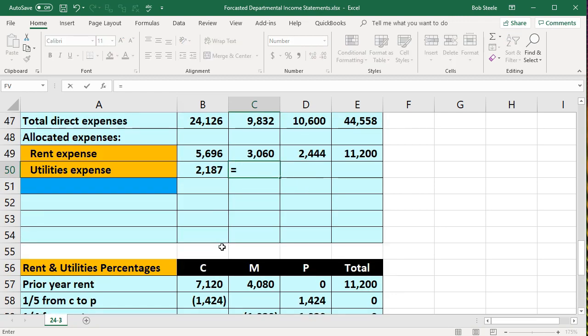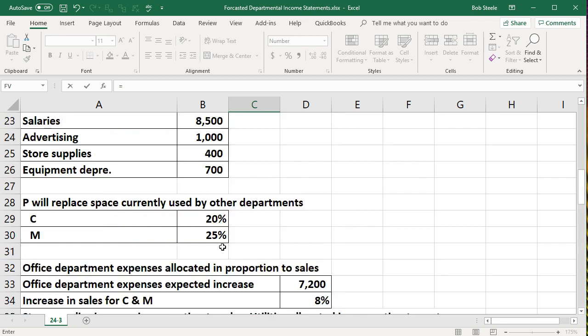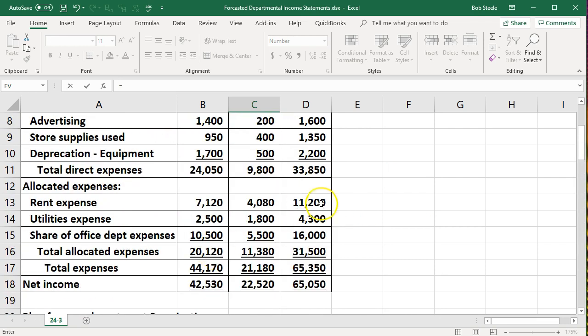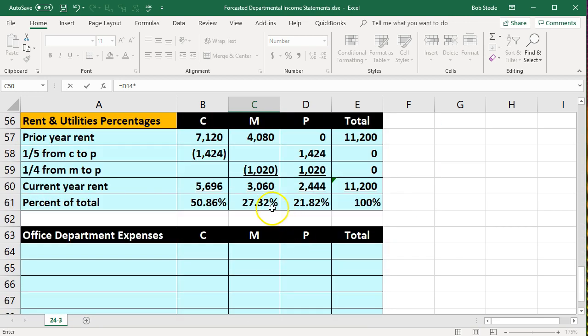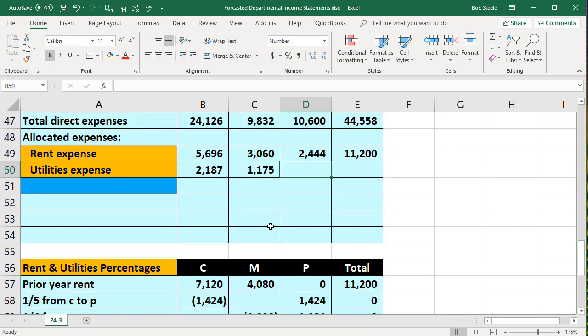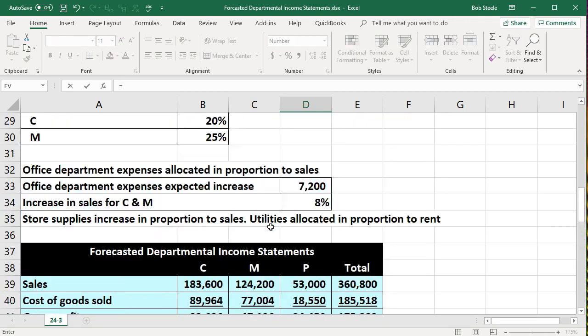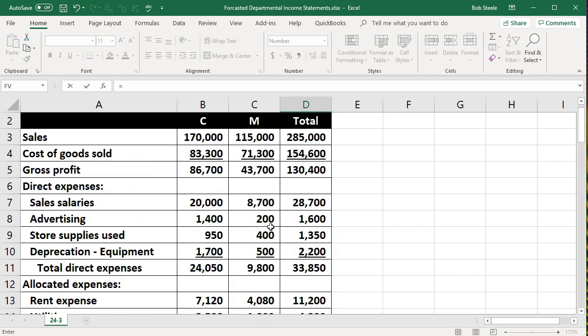We're going to say this equals, we're on the utilities for M. We're going to pick up the total utilities, 4,300 times, and then scroll back down to the percentage for M, which is the 2732. Tab, and then we're going to say this equals and pick up that same utilities number again.